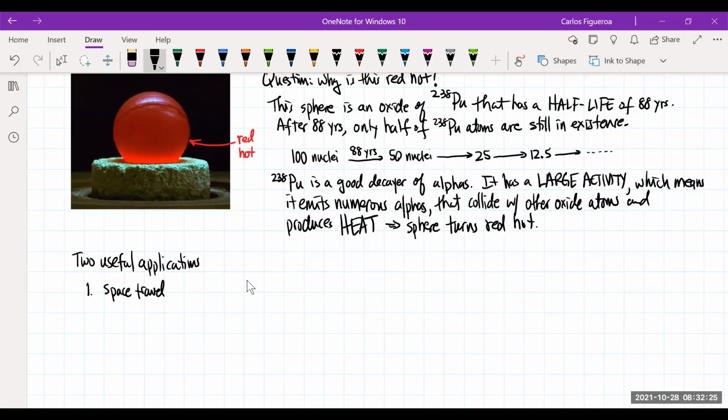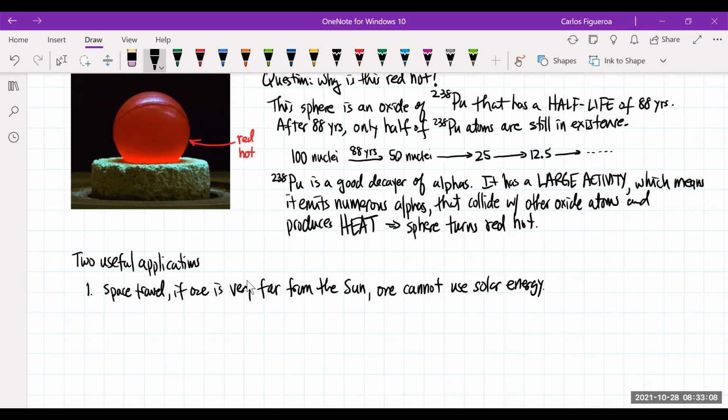So in space travel, if one is very far from the sun, one cannot use solar energy. Like if you ever looked at the Hubble Space Telescope, it relies primarily on solar energy from the sun because it's close enough. But what if you're far away? If you're far away, you can't depend on solar power.